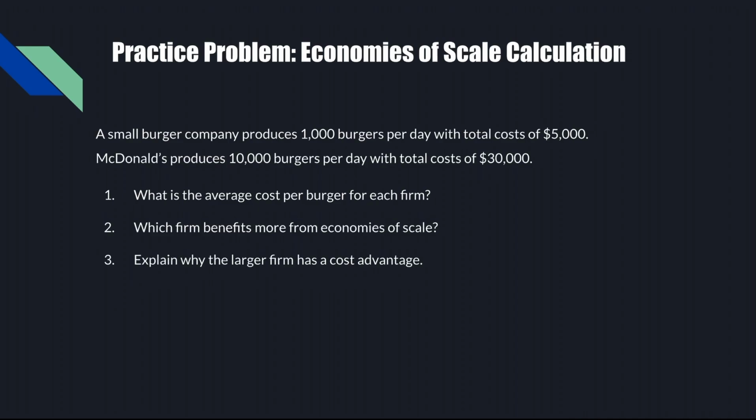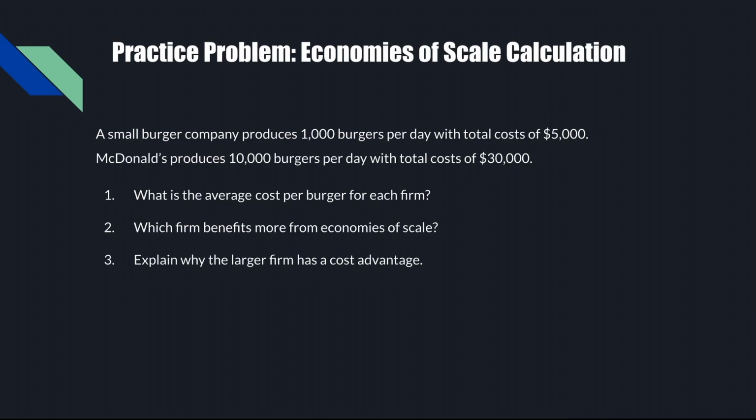Step one is calculating average costs using the formula: average cost equals total cost divided by quantity. What is the average cost per burger for each firm? Which firm benefits more from economies of scale? And explain why the larger firm has a cost advantage.